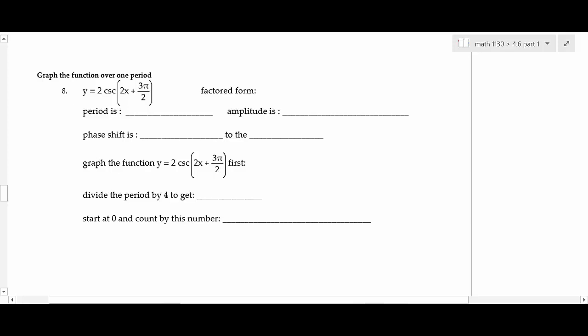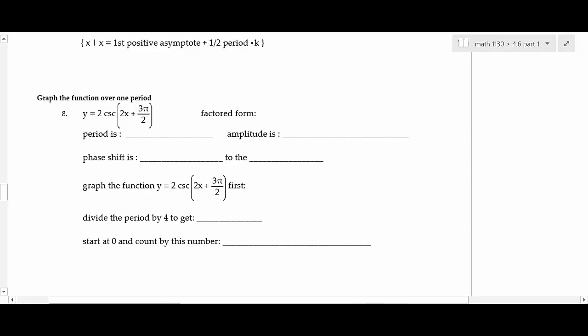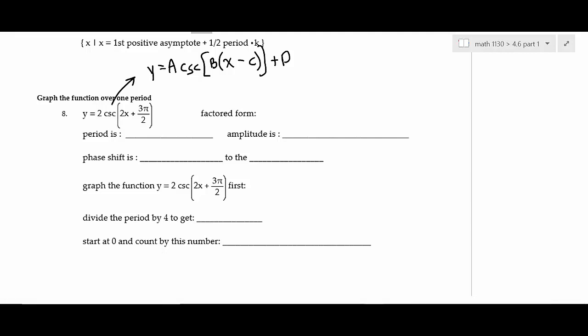So the first thing I'd like you to write down above your problem here is the general structure: y equals a cosecant, then a bracket, then bx minus c, plus d. That's the big structure of the sine, cosine, secant, and cosecant.